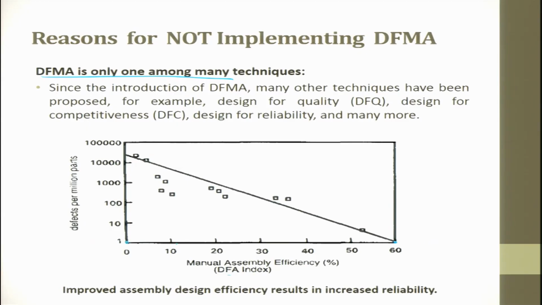When the manual efficiency goes down, that means there are many mistakes done, so many defective parts are produced per million. Okay. So, this is an index which clearly says why we should go from manual assembly to automatic assembly. So, if it is one defect, the manual efficiency is 60%, per million.